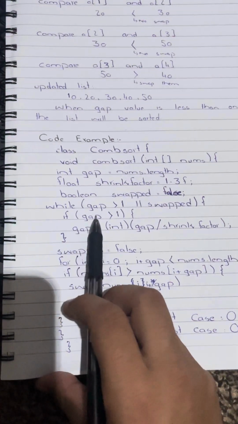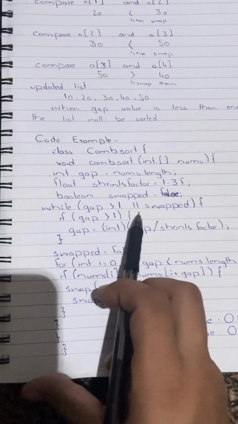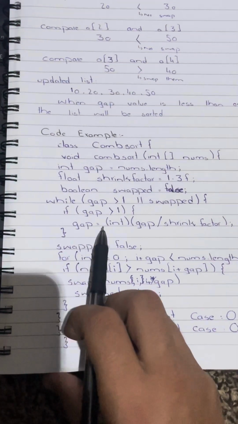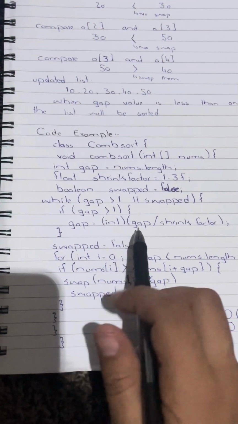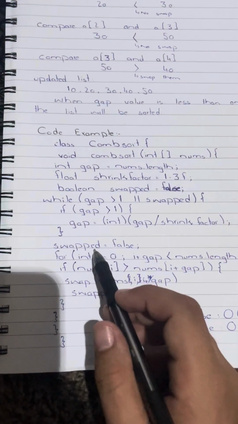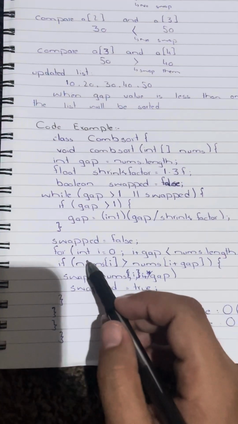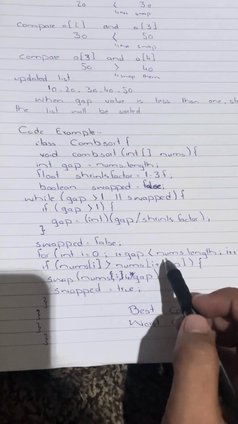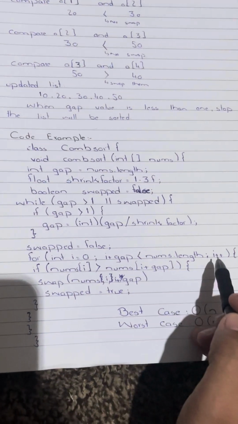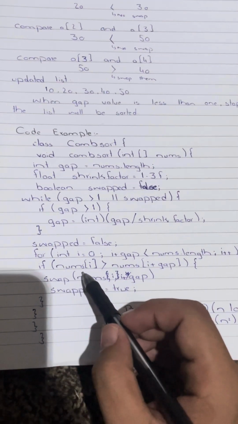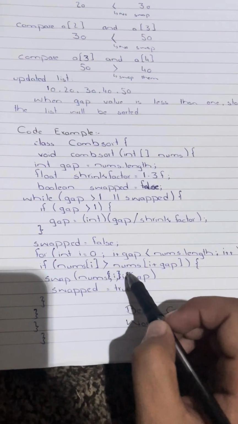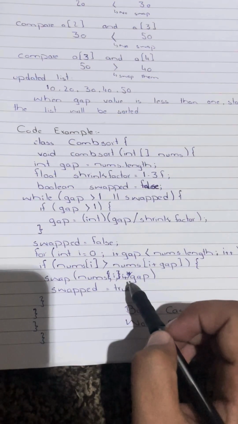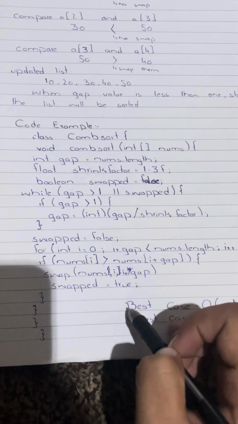While gap is greater than 1 or swapped, if gap is greater than 1, then gap is equal to int gap divided by shrinking factor. Swapped will be false. For int i is equal to 0, i plus gap is less than nums.length and i plus plus. If nums at i is greater than nums at i plus gap, then swap nums i and i plus gap, then swapped will be true.